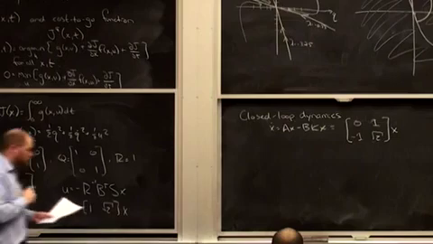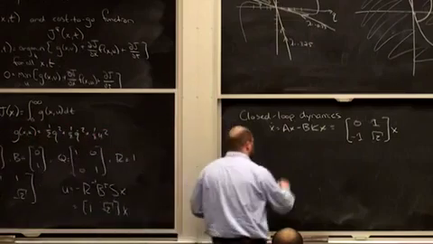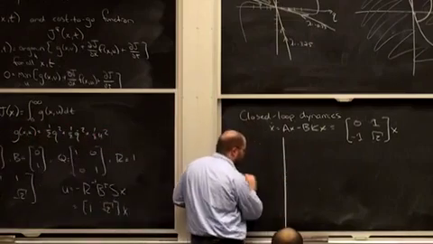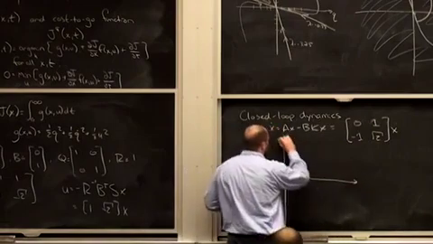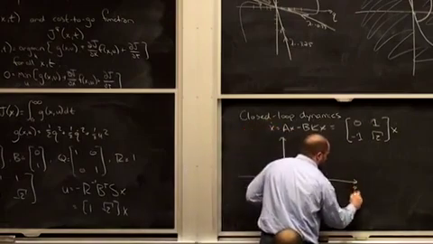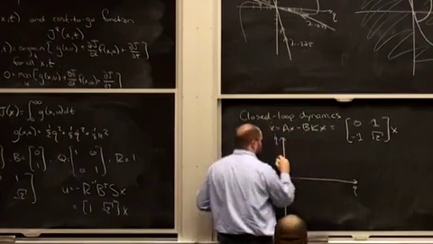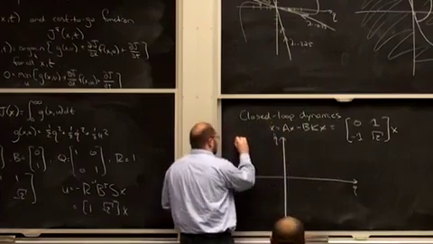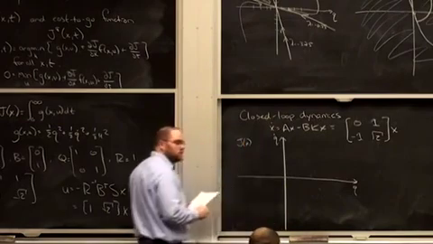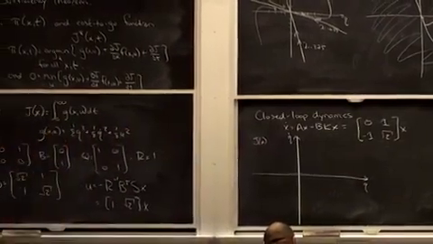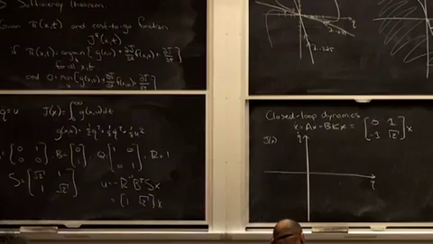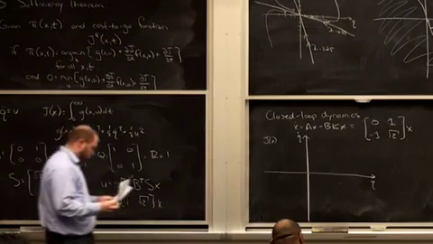Now I'm going to plot 2 things here. The first thing I'm going to plot is J(x). J(x) is x transpose S x, with S being square root of 2, 1, 1, square root of 2.